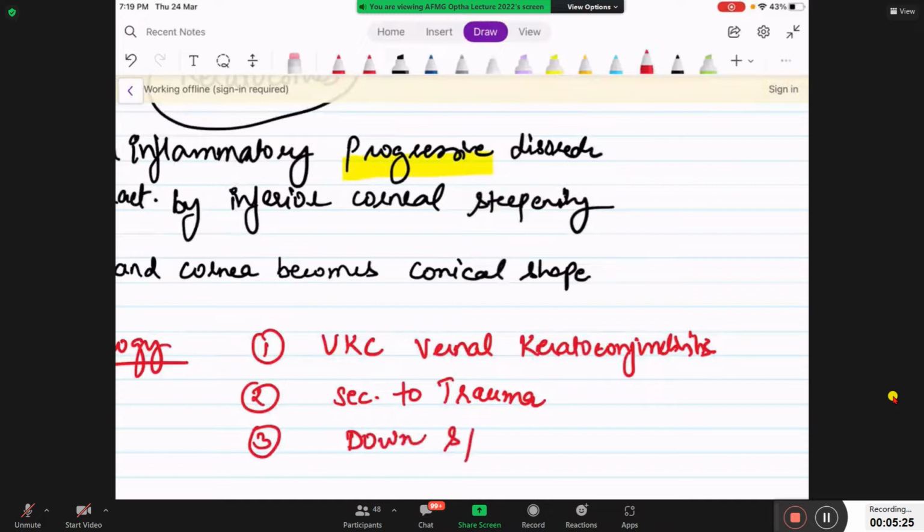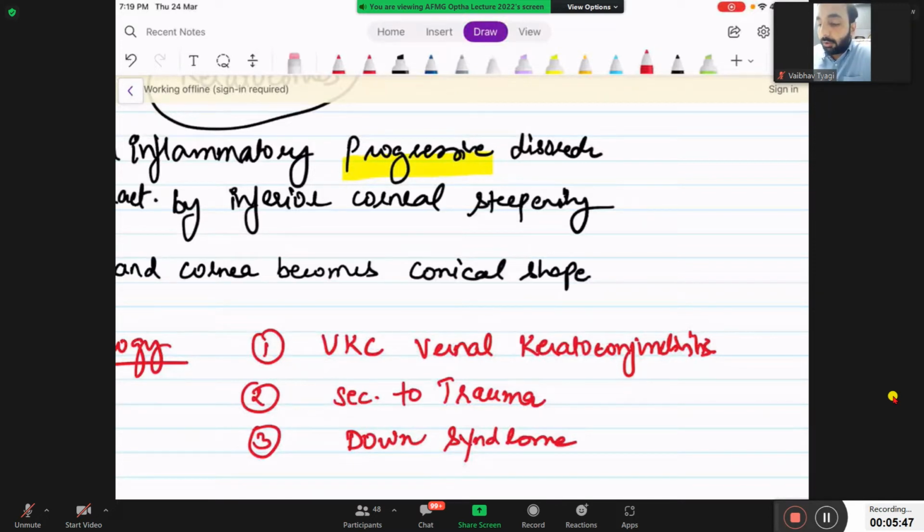It is associated with Down syndrome. Can you tell me where we have studied Down syndrome previously? Which condition of cornea was associated with two syndromes? One was Down syndrome and another one was Marfan syndrome.